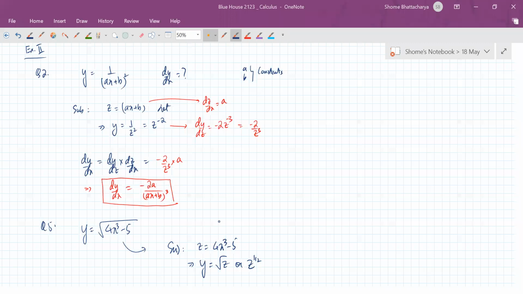Okay, Sai has asked question number 8 of exercise 2 also. So we'll discuss that next after this. First, just complete this yourself, see if you can get the answer correctly.